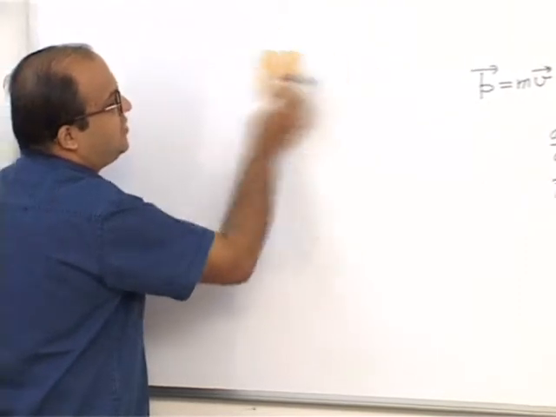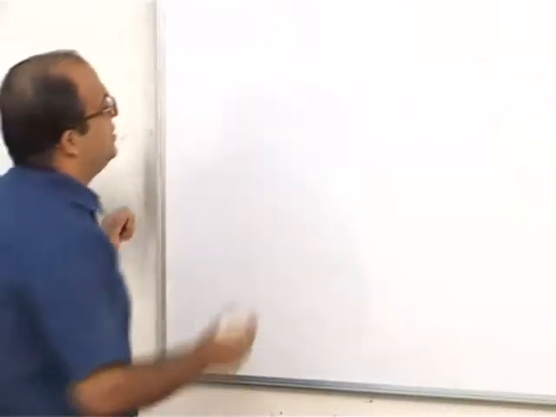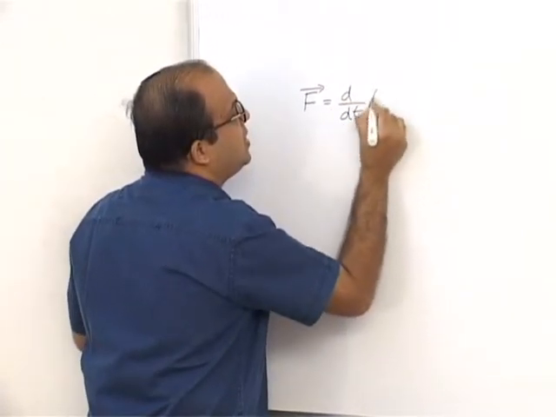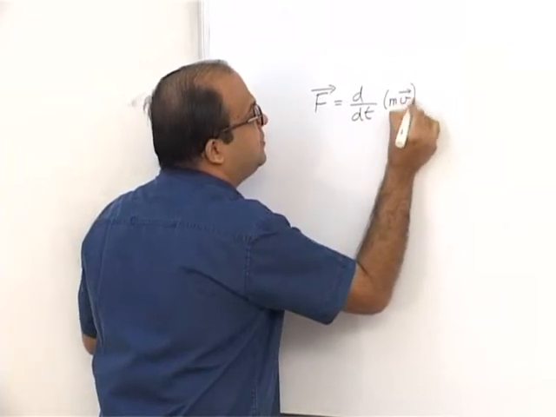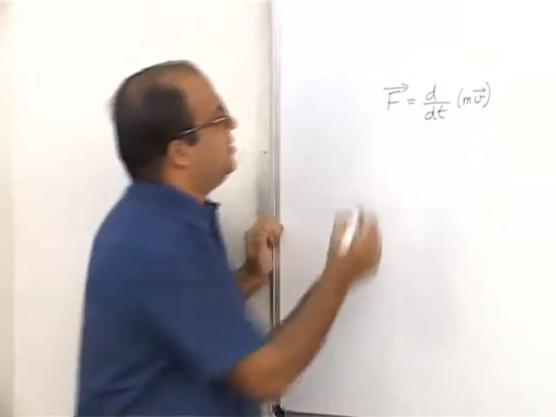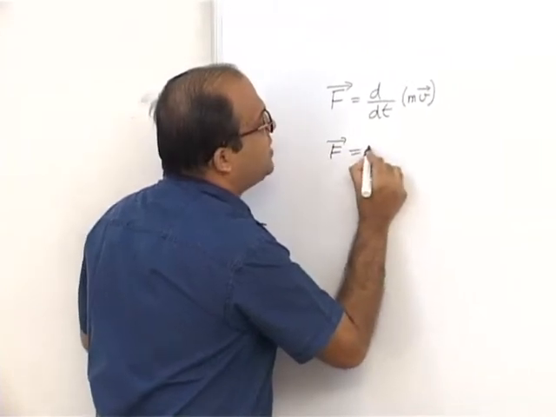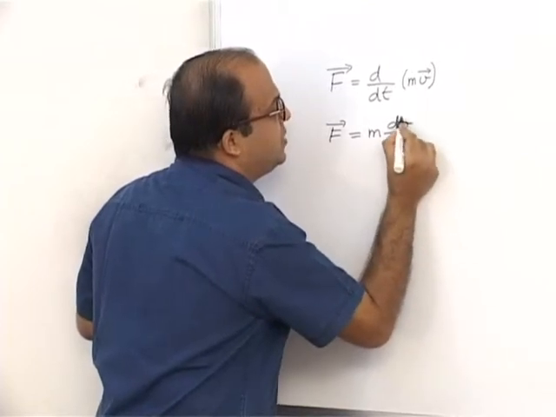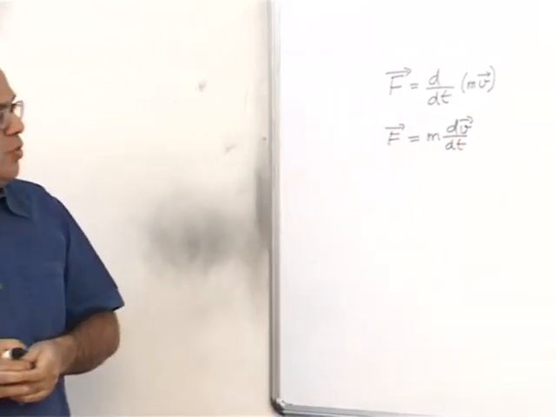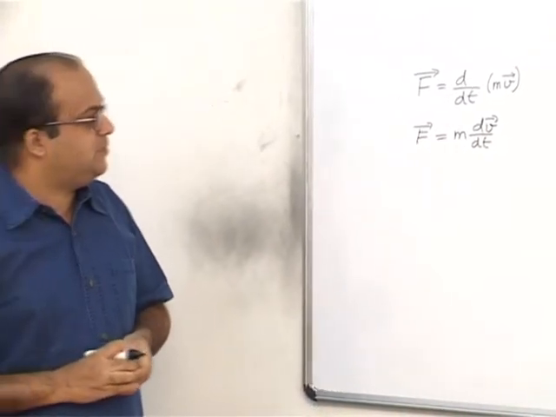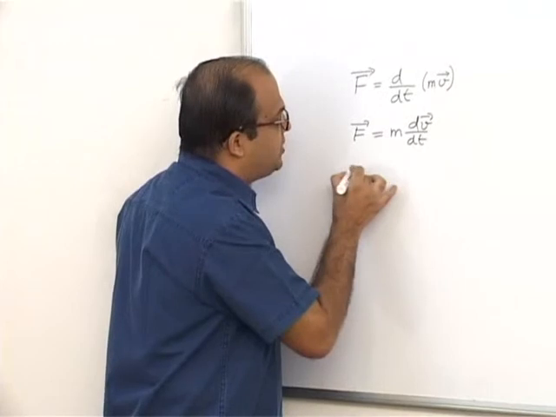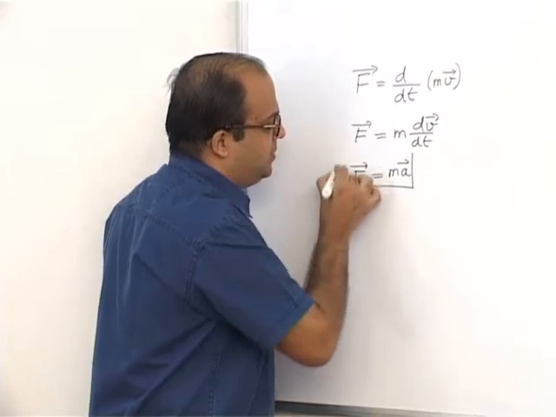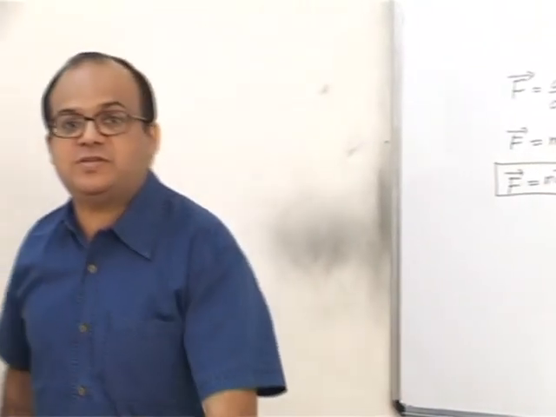Now p vector is equal to m into v vector. So force becomes d/dt of m v vector. Now if mass is constant, we can take mass outside the differentiation. So we get F vector equal to m dv vector/dt. So from here we get the equation F equal to ma. This is one of the most important equations in mechanics.